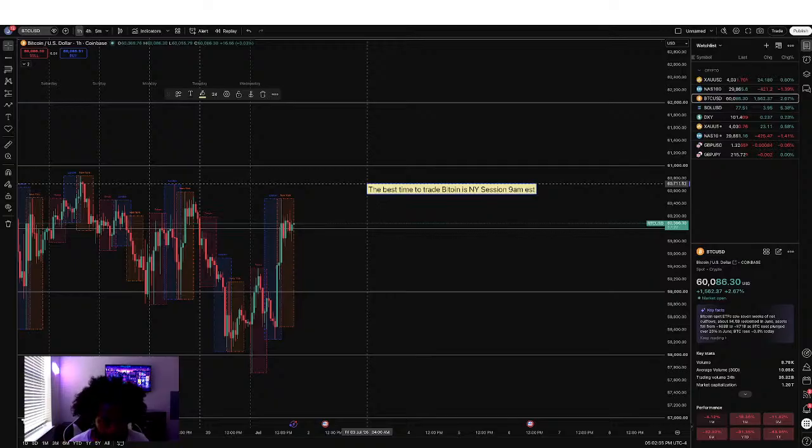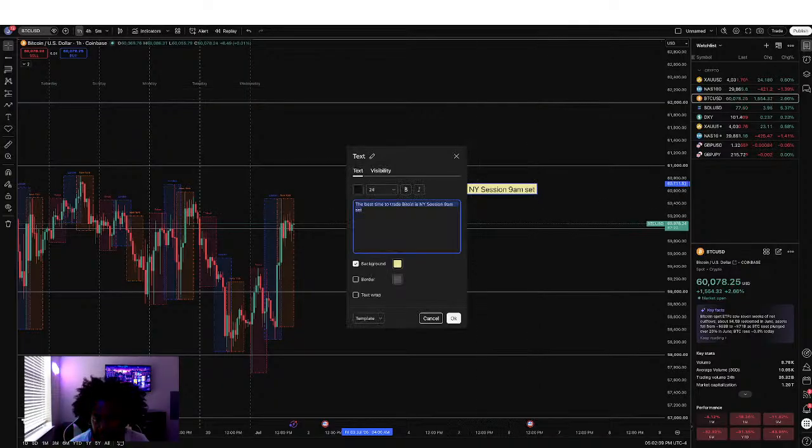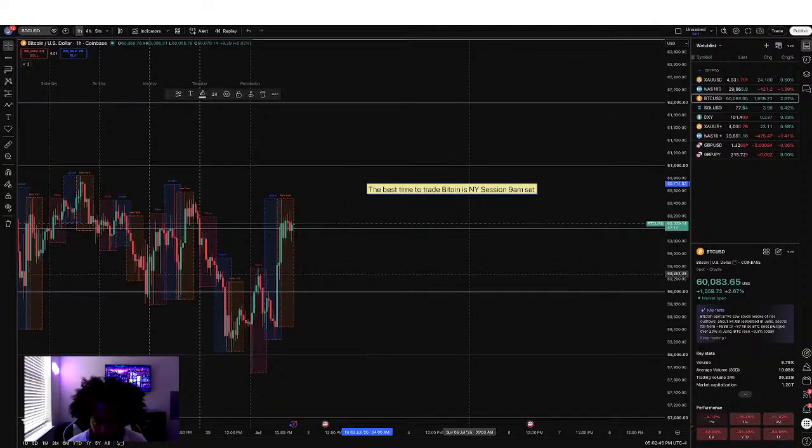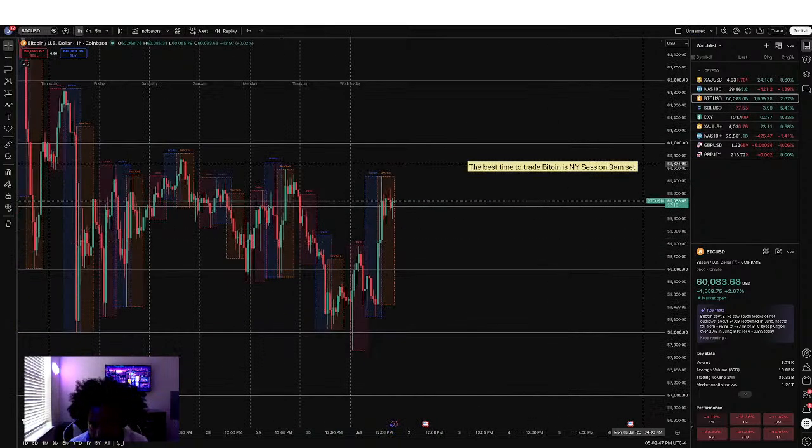So the best time to trade Bitcoin is the New York session at 9 a.m. Eastern Standard Time, for the simple fact that this is where a lot of movement actually happens within the market when it comes to Bitcoin.